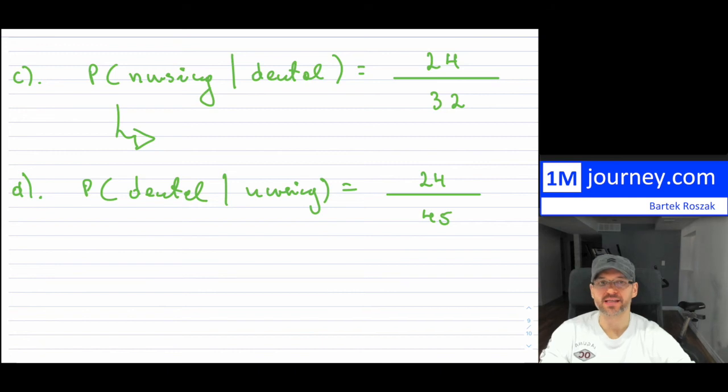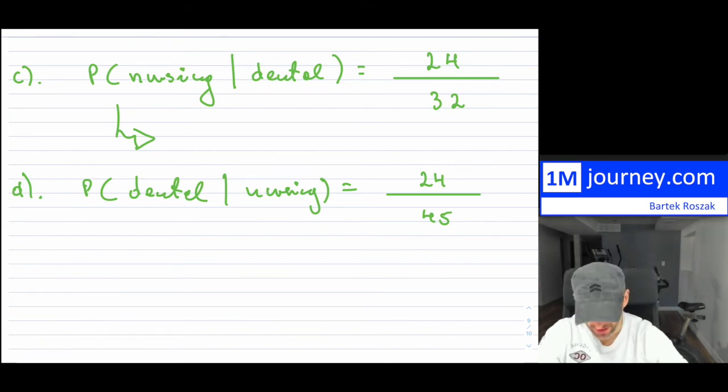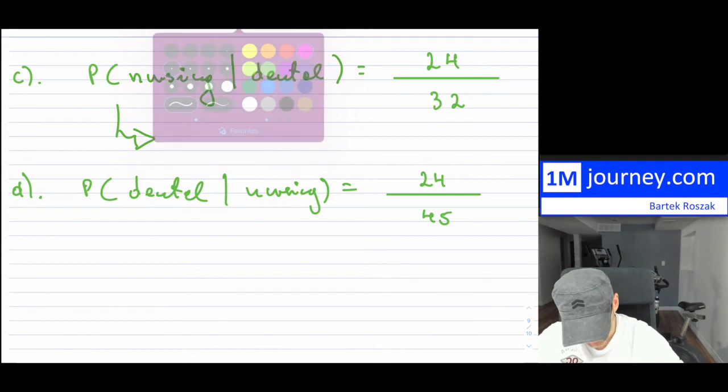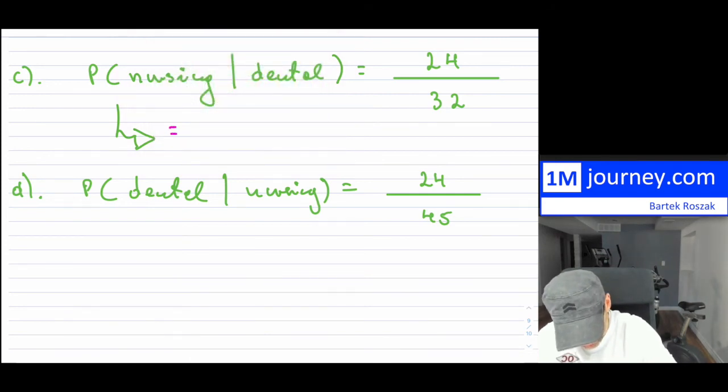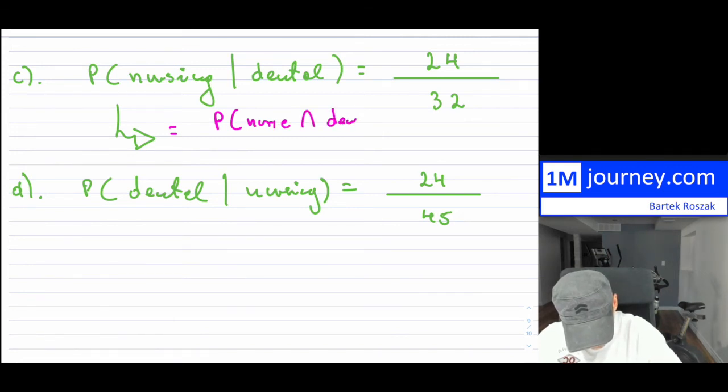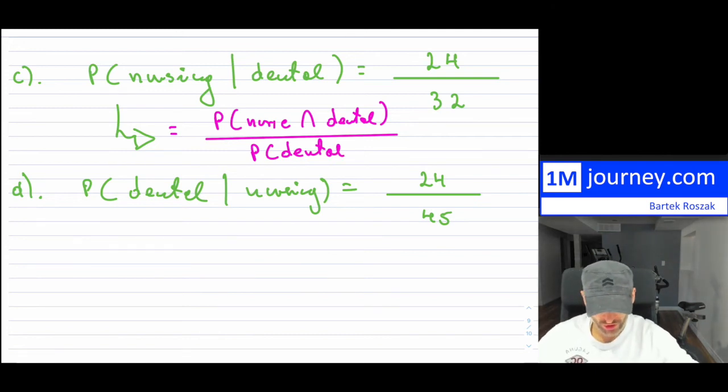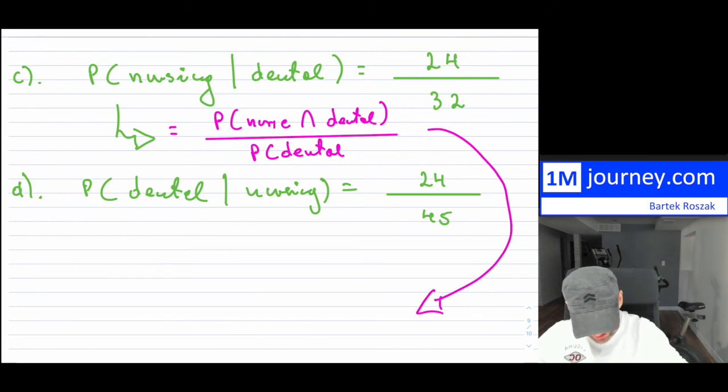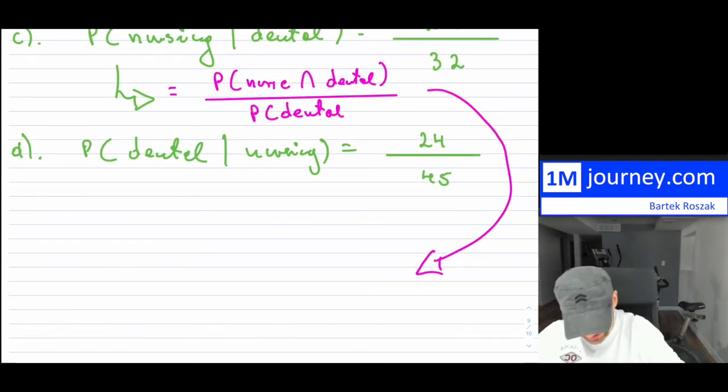Now, just like in C, we can use conditional probability. So maybe I'll do both of them just for completeness. Notice that this can also be equal to, and this comes directly from the formula, the probability of nursing intersected with dental, divided by the probability of just dental. You could have done that question exactly the same way and you would get the answer. So the probability of nursing intersected with dental is 24 out of 250.